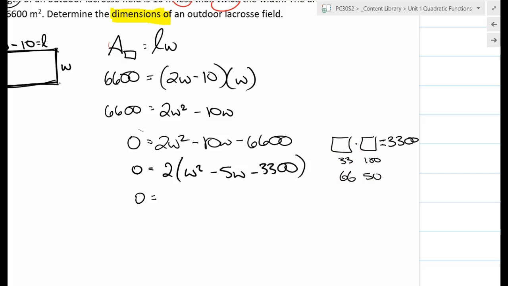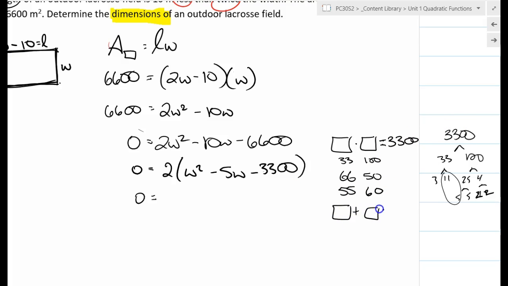Can you factor this? Okay, so when I get stuck in a scenario like that where I'm trying to find numbers that are close together, what I end up doing is I will prime factorize. So that's what you're seeing over here on this side. Prime factorization, and then I was like, okay, well, 66 and 50 is pretty close, so I'm going to try and find another factor that's close to that.